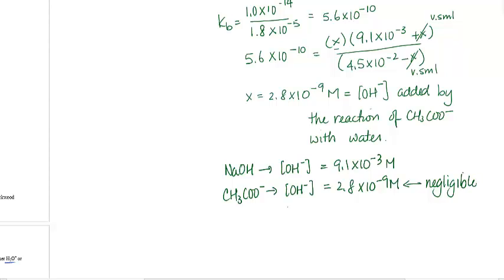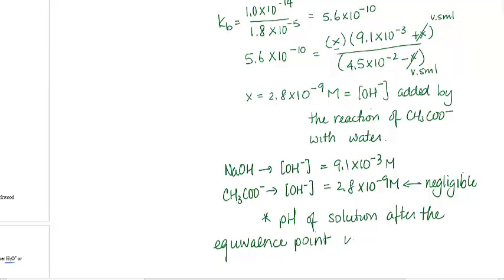As a result, when we take a look at our calculation, we can basically assume that the pH of the solution after the equivalence point is controlled by the excess NaOH, and therefore we do not have to worry about this equilibrium.